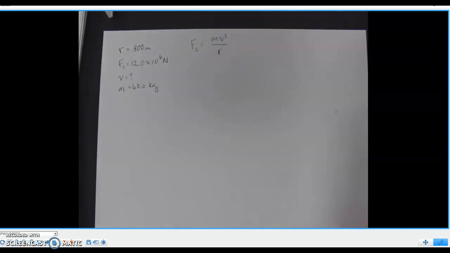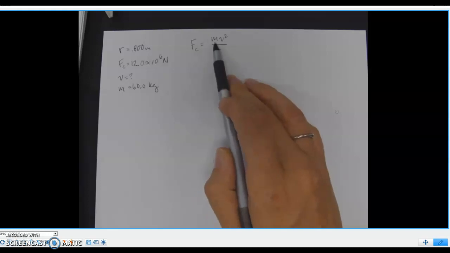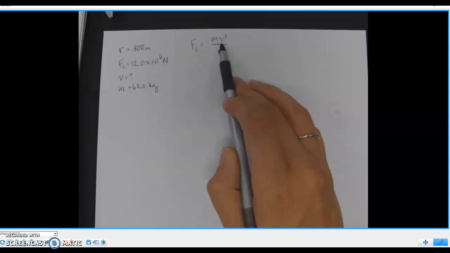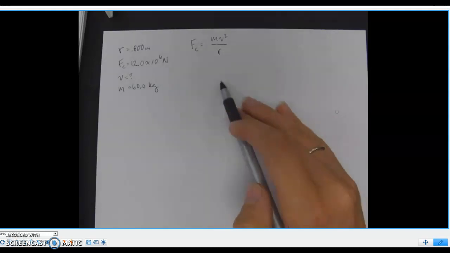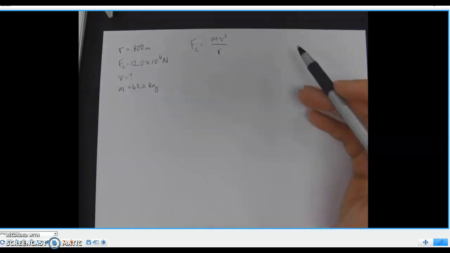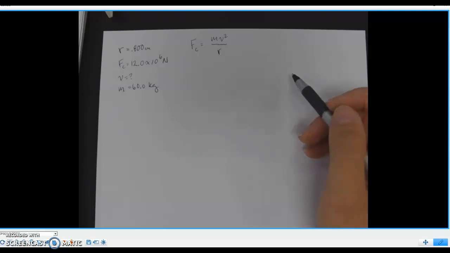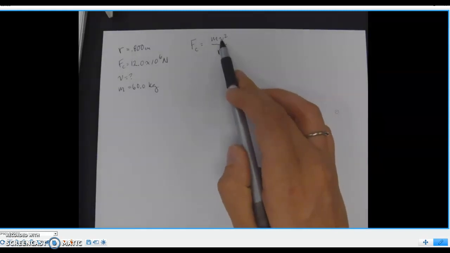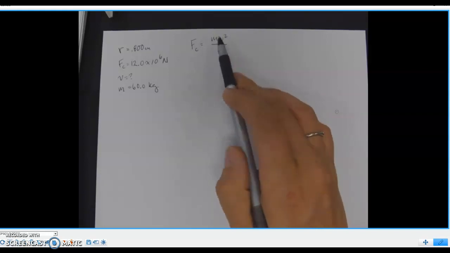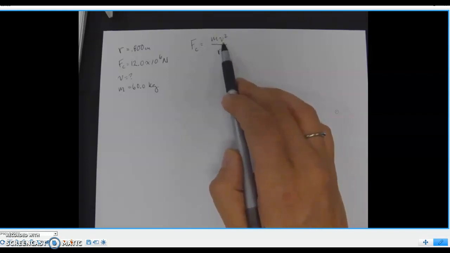Force centripetal is equal to the mass of the object times the linear velocity squared over that radius, right? Because if it's spinning, that's the distance from the center out. We know the mass, and we're solving for the velocity. So I need to rearrange this equation to solve for that velocity.